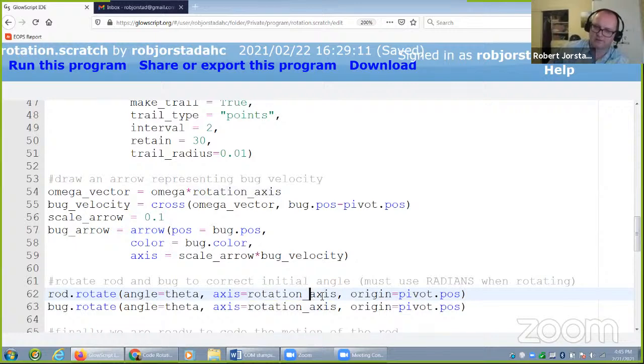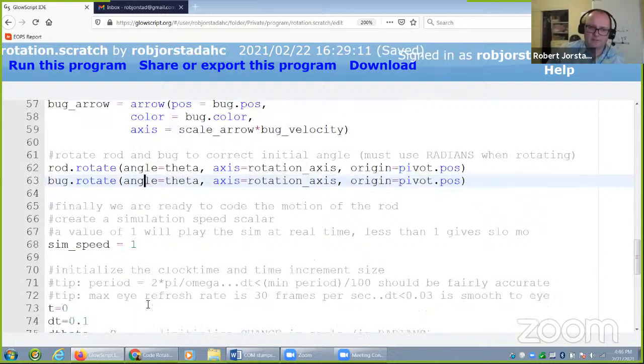But anyways, I chose to set this. And in this case, there's the origin. So you could set the axis and about which point. So you could actually fully control the rotation this way. You say about which point and about which axis and about which angle. So that's cool. And notice I did this for both the rod and the bug here.